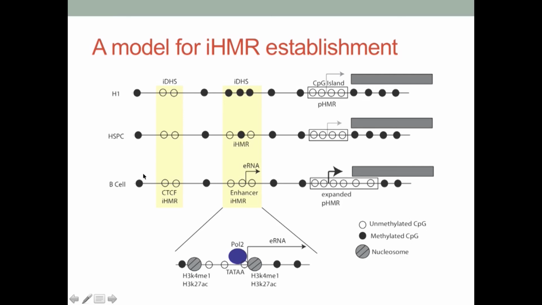What I'm trying to show you is that in many cases, at the CTCF IHMR, for example, you have constitutive DNase hypersensitivity and constitutive hypomethylation that's shared between all cell types. But at other IHMRs, such as the enhancer IHMR, the DHS, the hypersensitivity, is already pre-established in the stem cell, and then it progressively becomes hypomethylated as you differentiate to the most differentiated cell type.